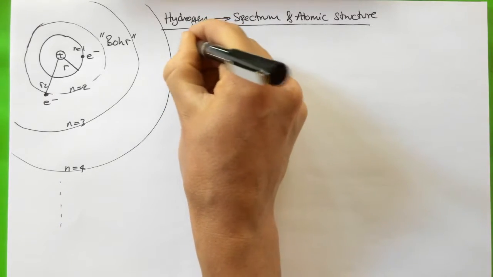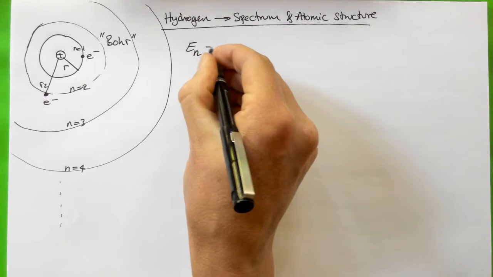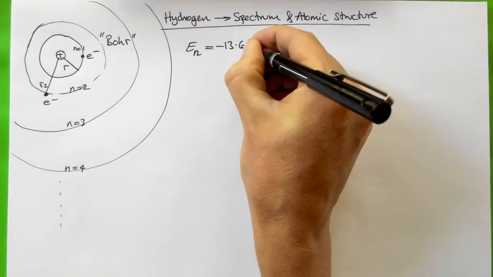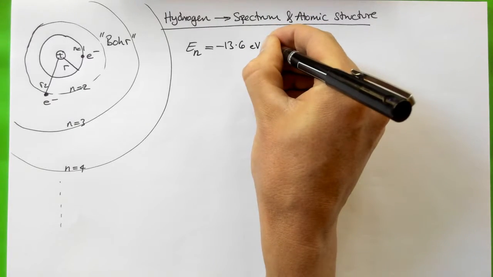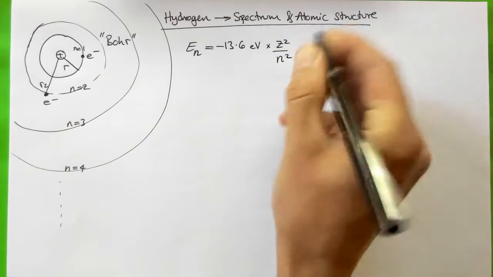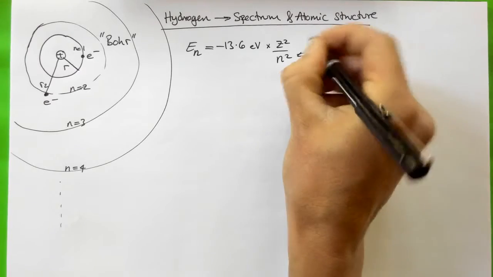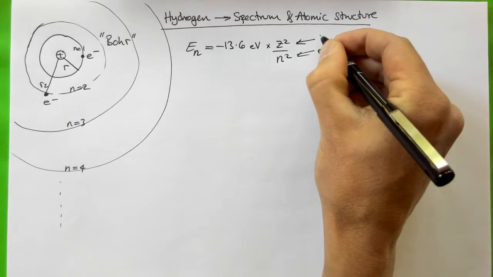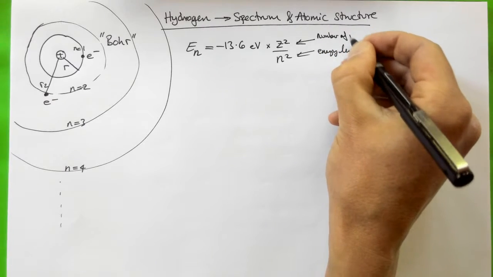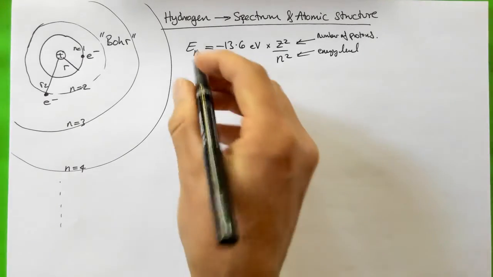So here's the equation: En, the potential energy of the electron at each energy level, is equal to minus 13.6 electron volts times Z squared over n squared. n is the energy level and Z is the number of protons. Hydrogen only has one proton, so Z equals 1.